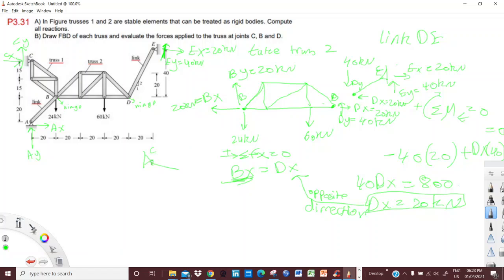Okay, this is the structure at C. It's going to be like this. This is B. This is E.